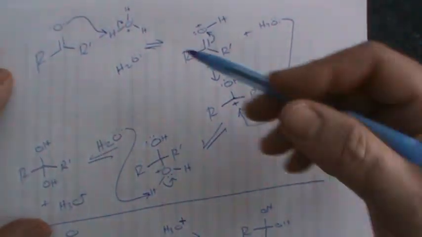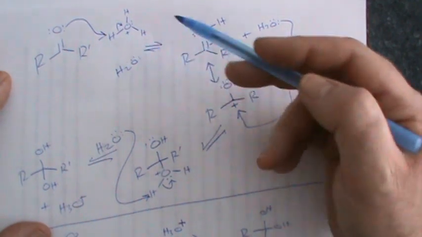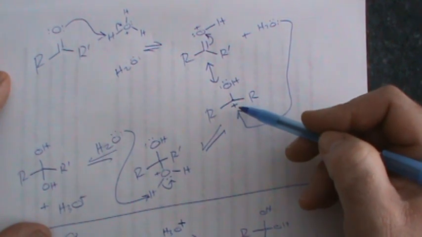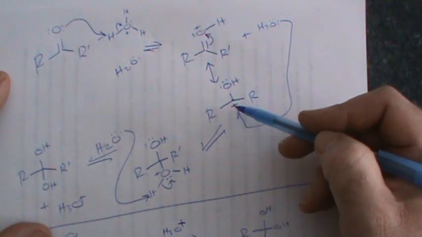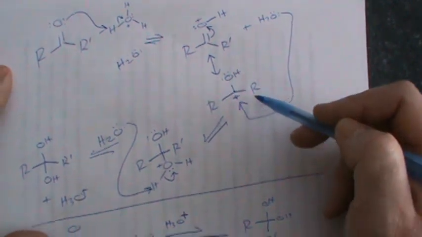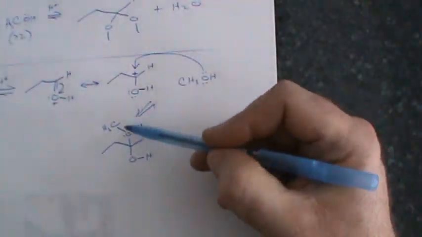Here was our ketone. We treated it with H3O+, an acid, to generate an oxonium ion. There's the resonance form where we see it looking like a carbocation. Water, not an alcohol, but water came in order to generate this species. And look at that species and compare it to this one. Looks very similar.